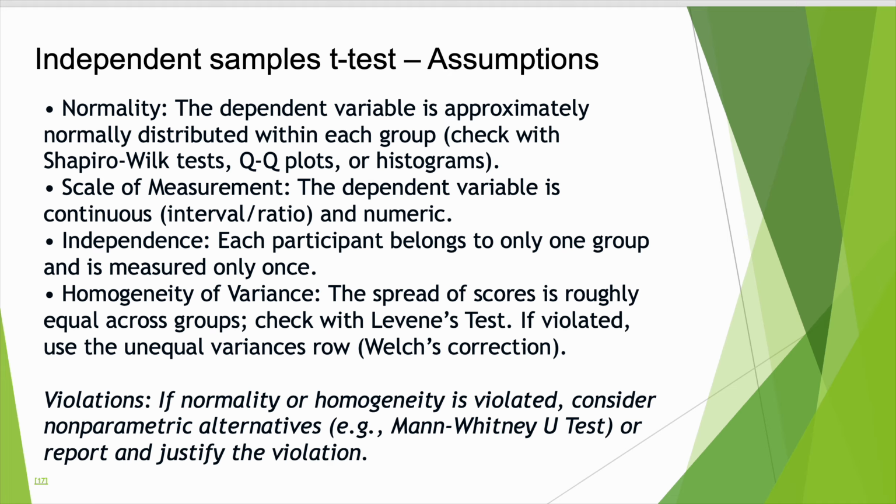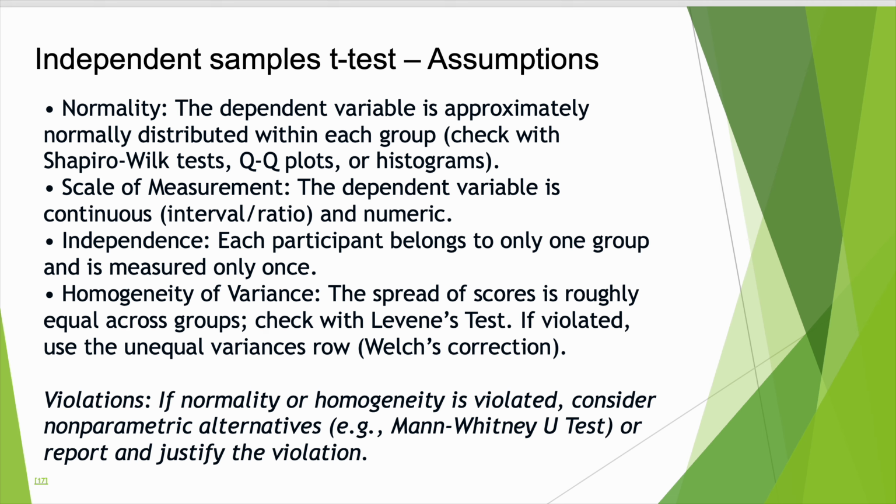Again, the more people in your study, the more we can say, that assumption wasn't quite met, but it's still okay. We need to have a scale of measurement. The dependent variable has to be continuous, and then the independent variable is going to have to be a group that is, again, measured only once.